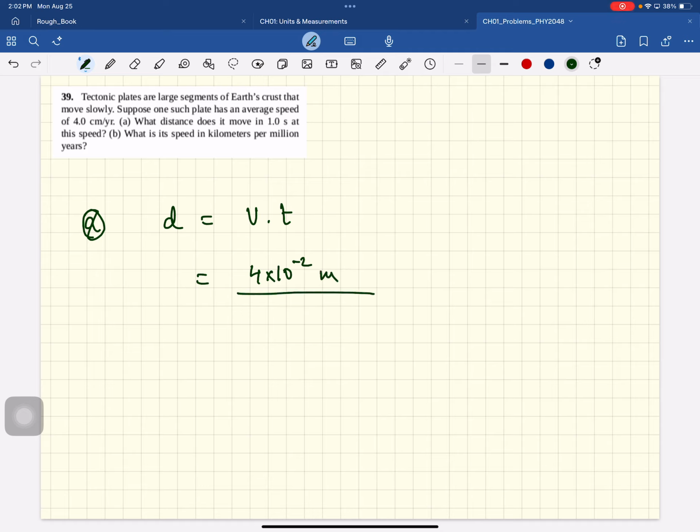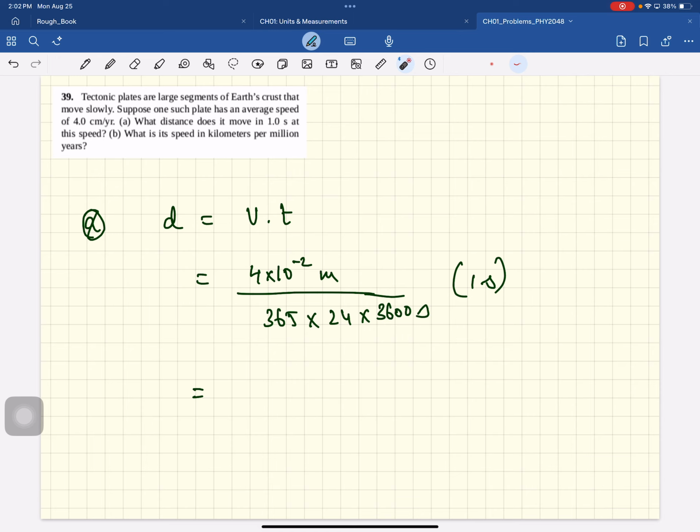A year is how many seconds? 365 days, 24 hours, 3,600 seconds, times 1 second. So the second will cancel, and that's how many meters a plate moves per second.